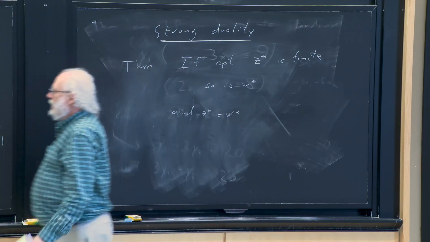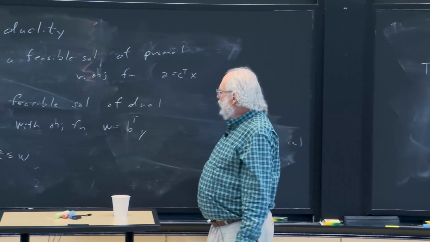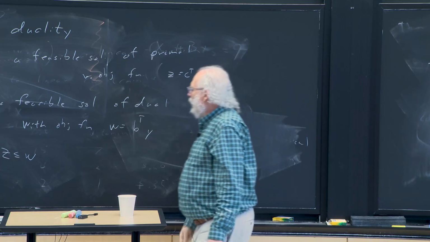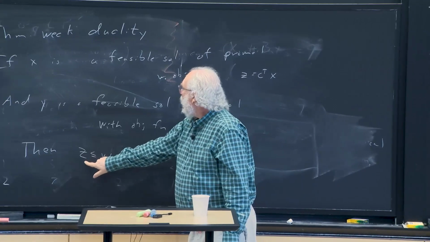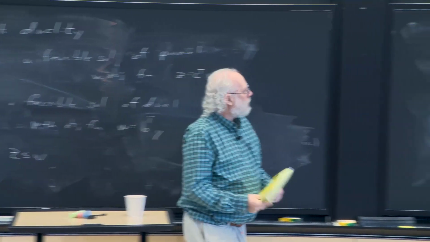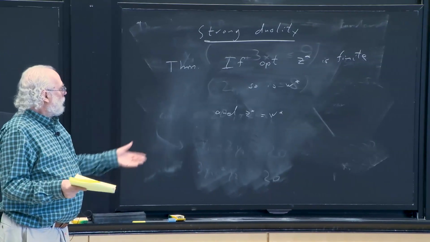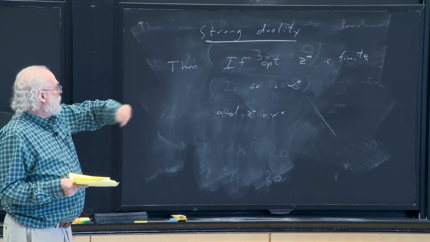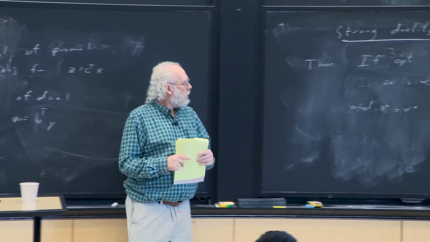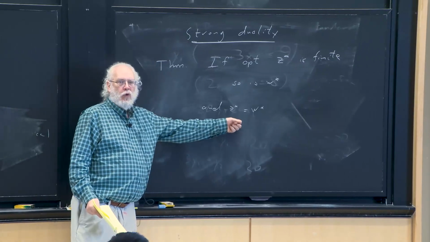So weak duality says that for any feasible solution, the value for the primal is less than or equal to the value for the dual. Strong duality says that if the optimal values are finite, then they are equal.